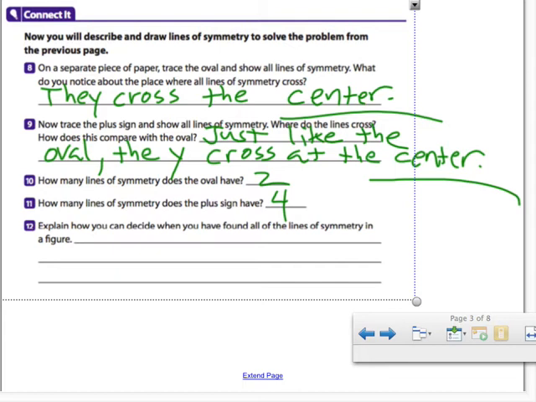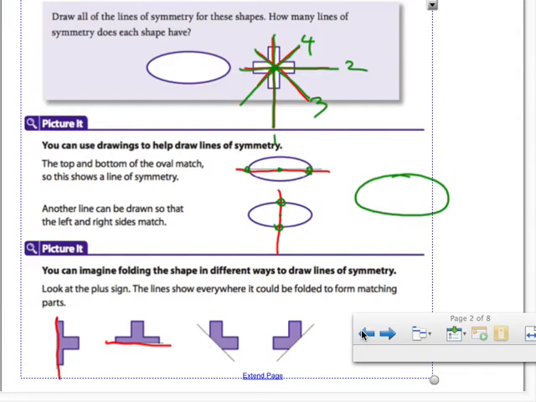Explain how you can decide when you have found all the lines of symmetry. That is a pretty good question. How do you know when you're done? Well, let's look at the oval and the plus sign. Obviously, the lines go through the center. And the plus sign is trying to show you something.